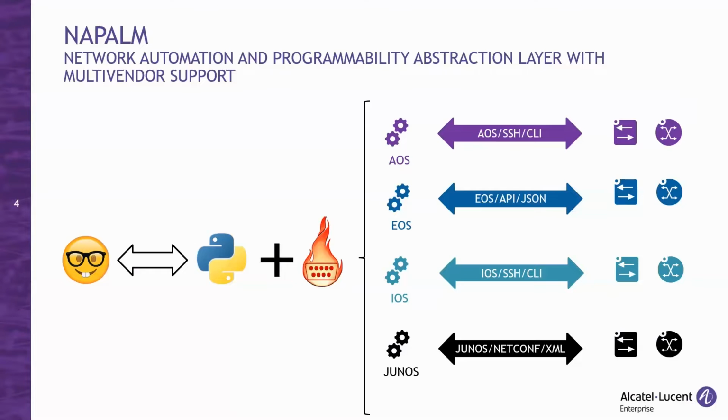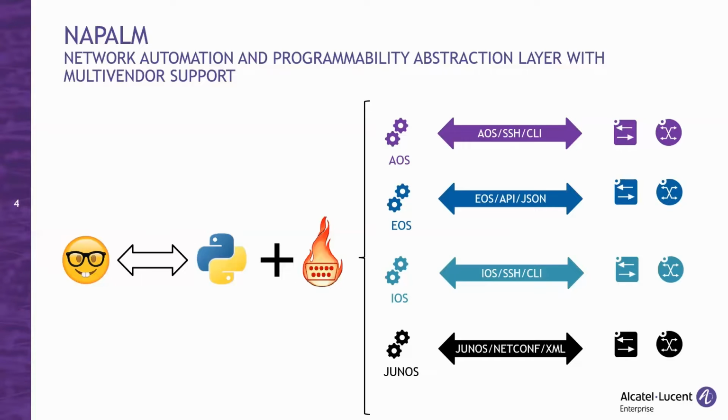And even though both AOS and iOS use CLI over SSH, of course, the AOS CLI and the iOS CLI are different. But all these differences are abstracted, and the network programmer can create a single piece of code to perform actions over a diverse set of equipment without worrying about the different interfaces such as SSH, API, or netconf, whether the devices use CLI, JSON, or XML, or even being aware of the CLI differences between, let's say, iOS and AOS.